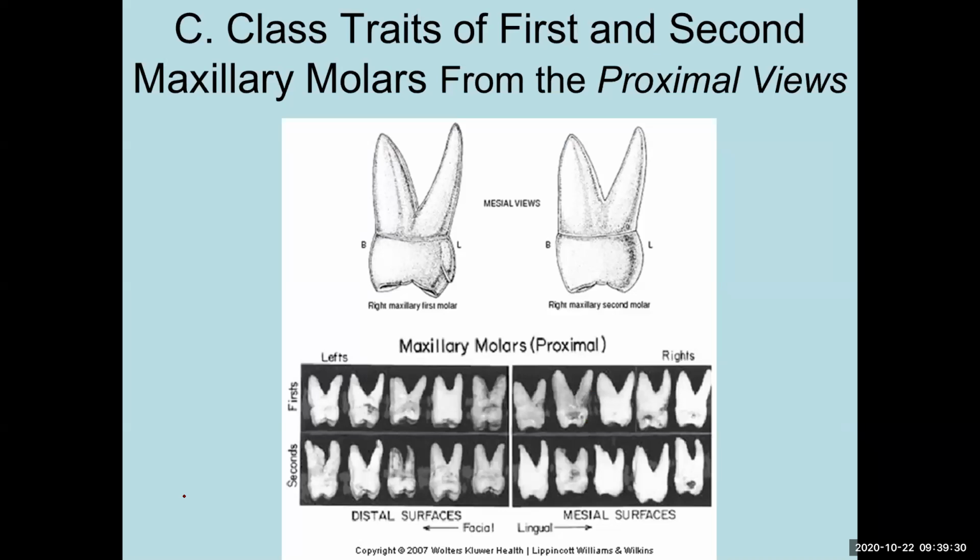These are not great pictures, but when we turn the tooth to look at a proximal view, we've got the first molar versus the second molar. All right, you can't really see a whole big difference here. This is that cusp of Carabelli.